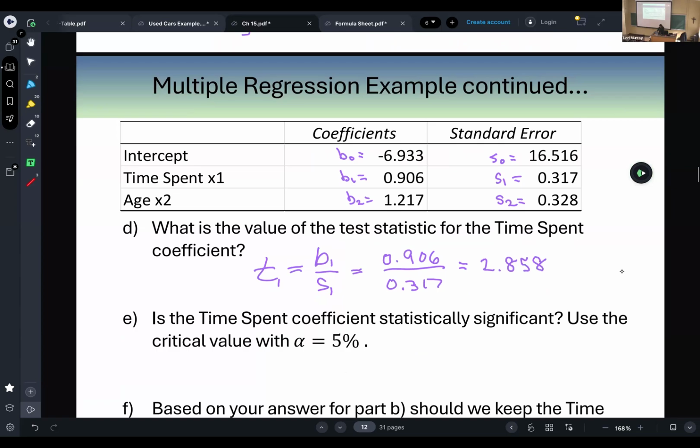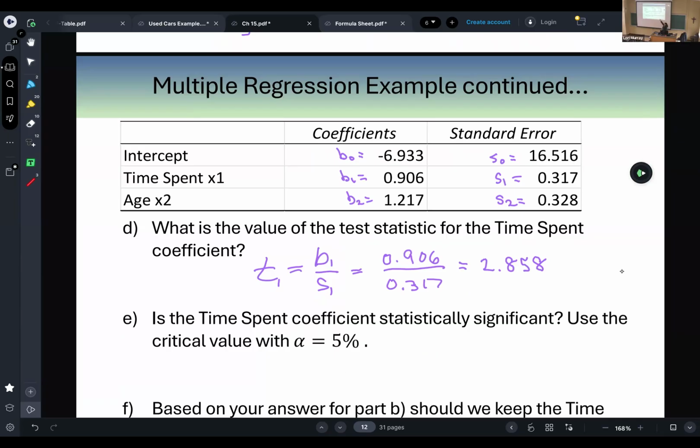Good. And then in this case, you might be going, well, we already know time spent is significant. Why do we need to do it again? It turns out, and this is really common when you're looking at regression relationships in business and econ, that sometimes by adding a predictor such as age, it may reverse the significance of the variable you already tested by itself.